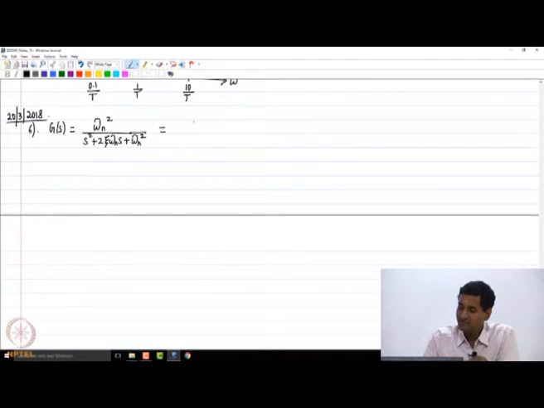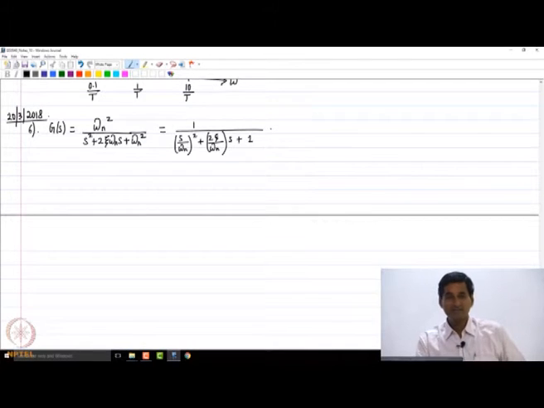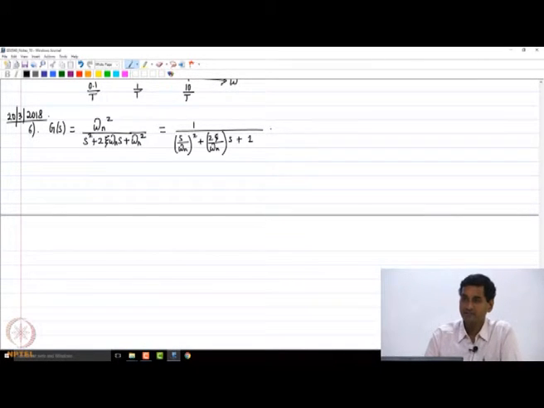So, this can be rewritten as 1 divided by, I just divide by omega n squared in both numerator and denominator. So, essentially I will get s by omega n whole square plus 2 zeta by omega n s plus 1, right. So, if I calculate G of j omega, what would I get?